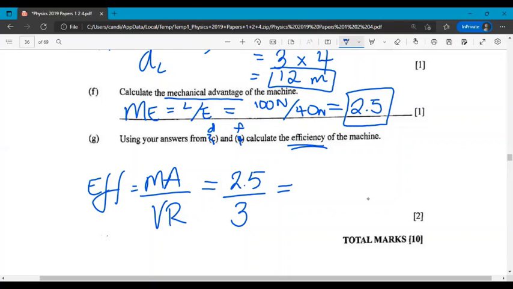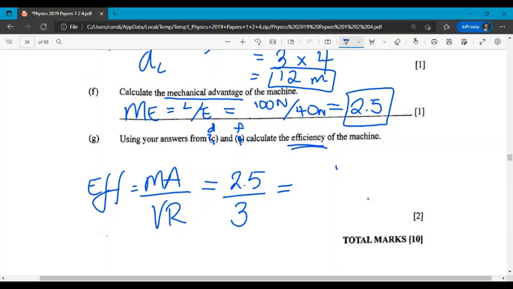For machines, efficiency is always going to be less than 1, unless you're like a super genius and you made something that has a really high efficiency. Most practical machines, if you have an efficiency of 70, 80%, that's pretty good.